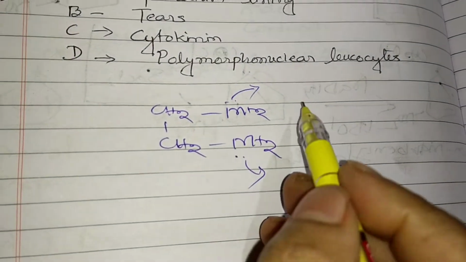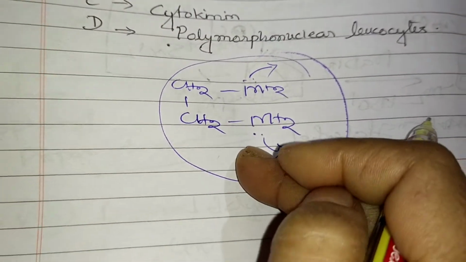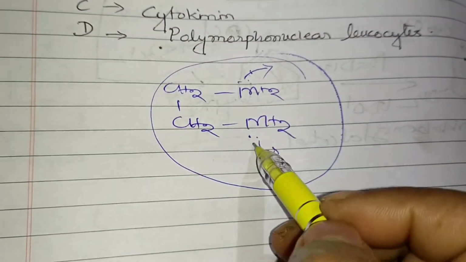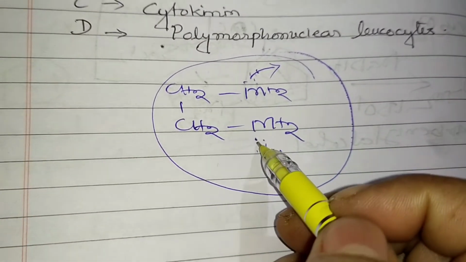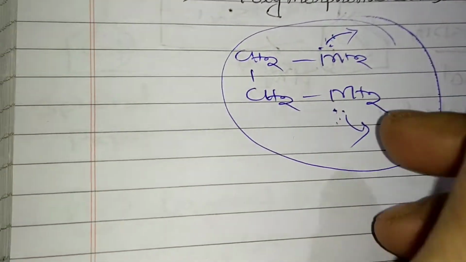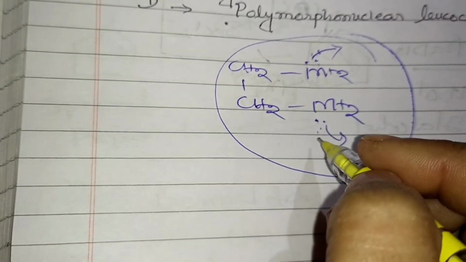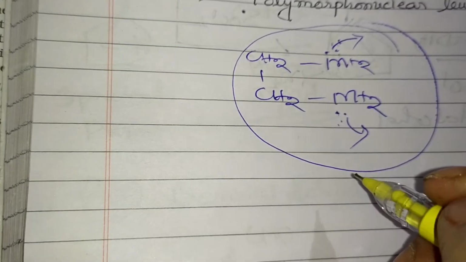That's why this is called the didentate condition. Why? Because it is one ligand, but it is attached to the central metal atom by 2 nitrogens. Didentate means they can attach by 2 sides.